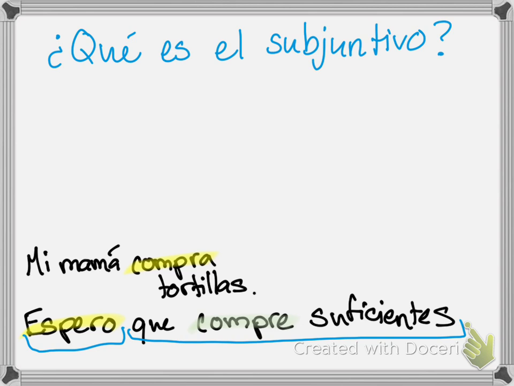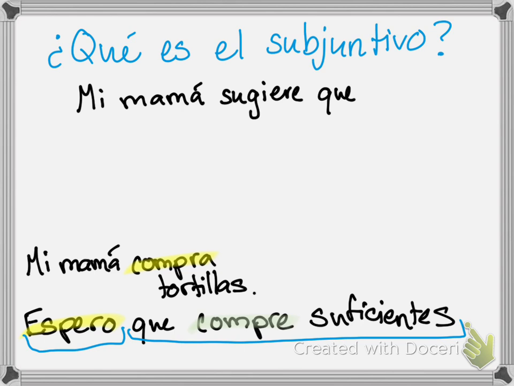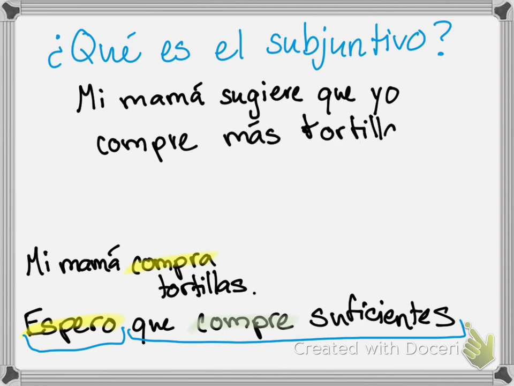So I could take this a step further. Maybe I'm the one buying the tortillas. So I could say, mi mamá sugiere que yo compre más tortillas. Maybe we had a conversation. She buys tortillas. I hope she bought enough.